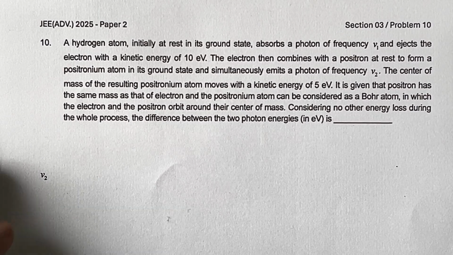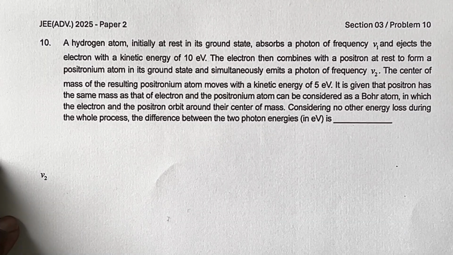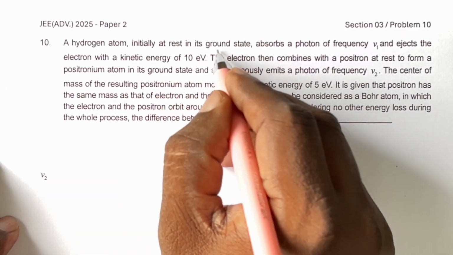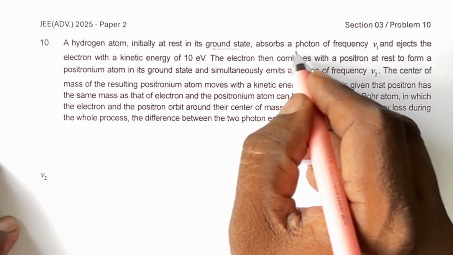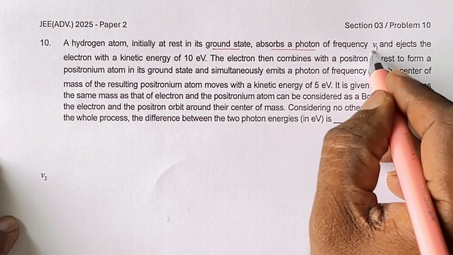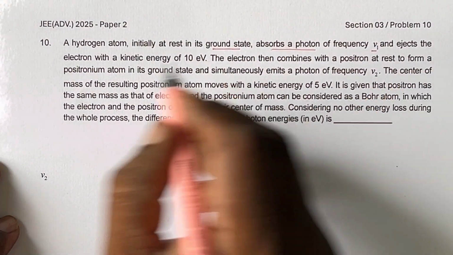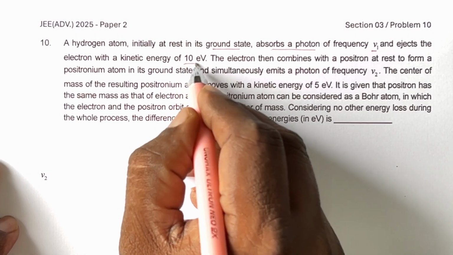In this problem, a hydrogen atom initially at rest in its ground state absorbs a photon of frequency nu1 and ejects the electron with kinetic energy 10 electron volts.